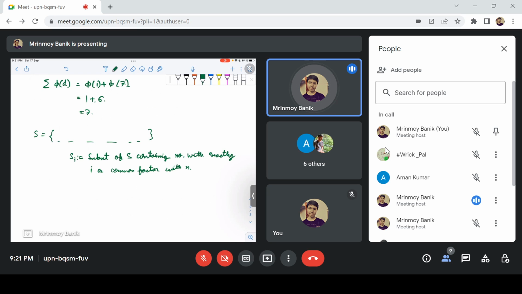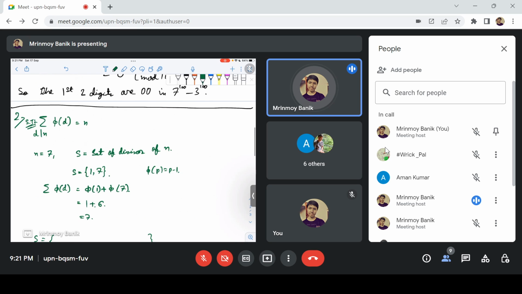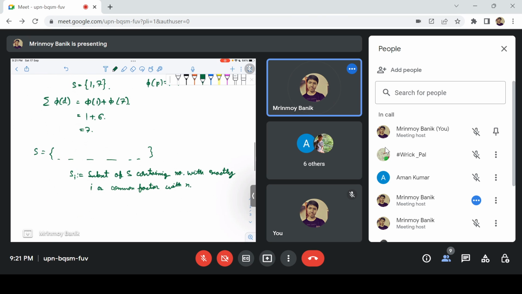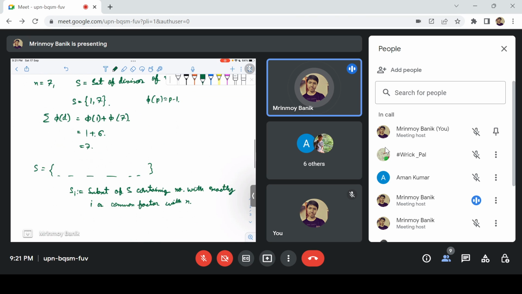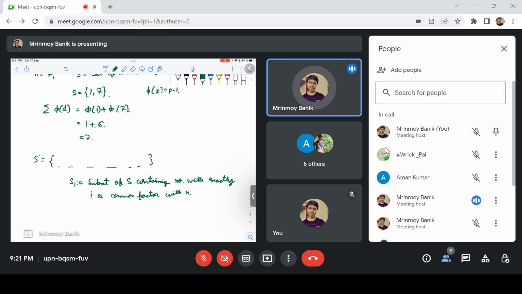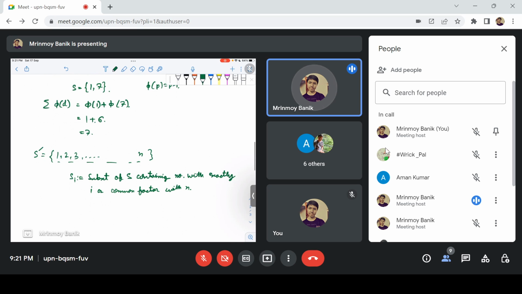Sorry, I defined the set S to be the set of divisors of n, so that is not this S. Let me call this S dash. This set is just 1, 2, 3, 4 up till n, the first n natural numbers.